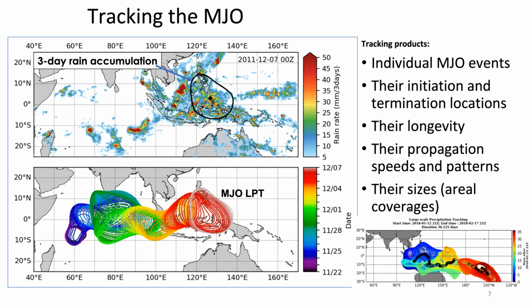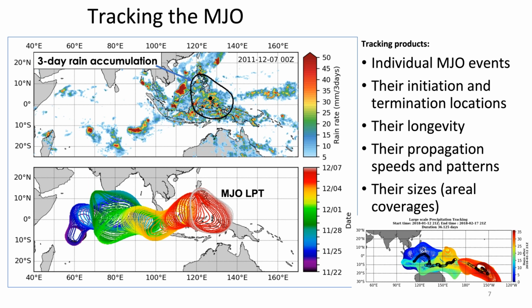Okay, so the products of this tracking are the following. First, you can decide the individual MGO events, where it starts, the beginning point, and where it ends, the end point. And between the start and end point, you'll have the longevity, how long an event lasts.